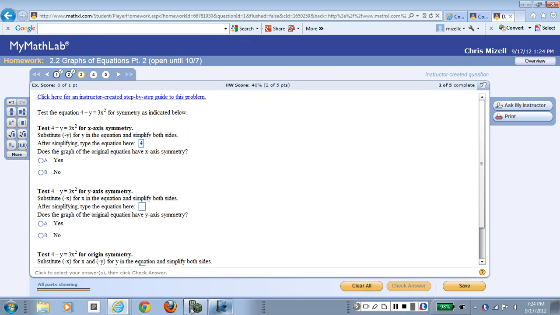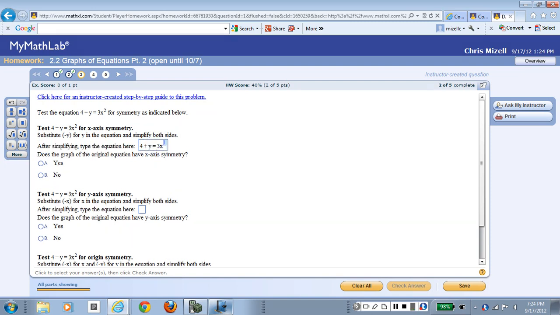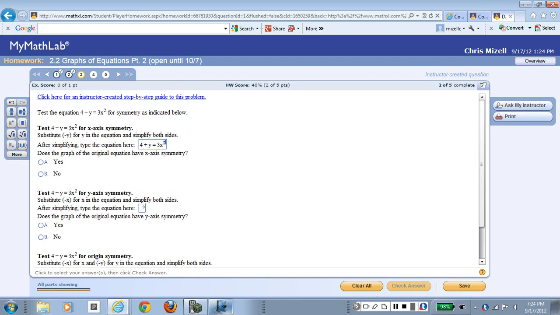If I substitute negative y for y, that would be 4 plus y equals 3x squared. If I substitute negative x for x, that would be 4 minus y equals 3x squared. Square the negative x, and it gives us the x squared right back.